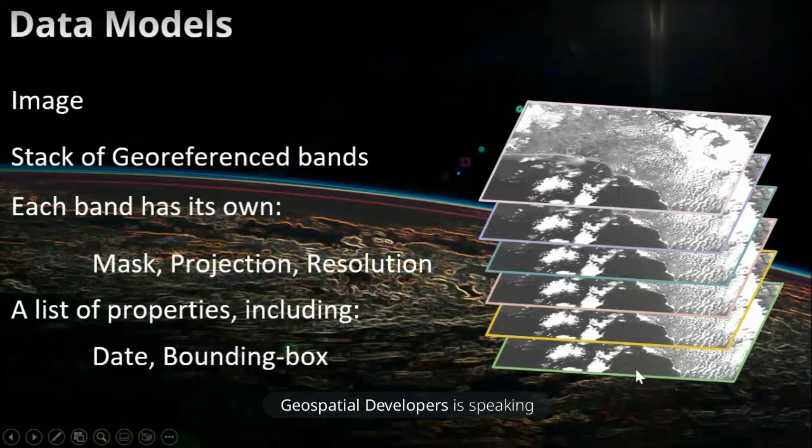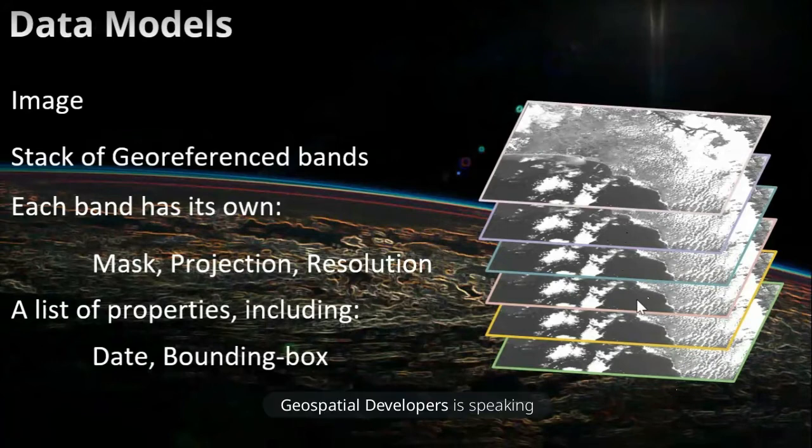So let's say this is day 1, day 2, day 3, day 4, day 5, day 6. You can run a time series analysis on these images. Let's say you want to see the changes that have happened here. You can go through this area and see the changes that have happened there. And all of this can be done in Earth Engine.